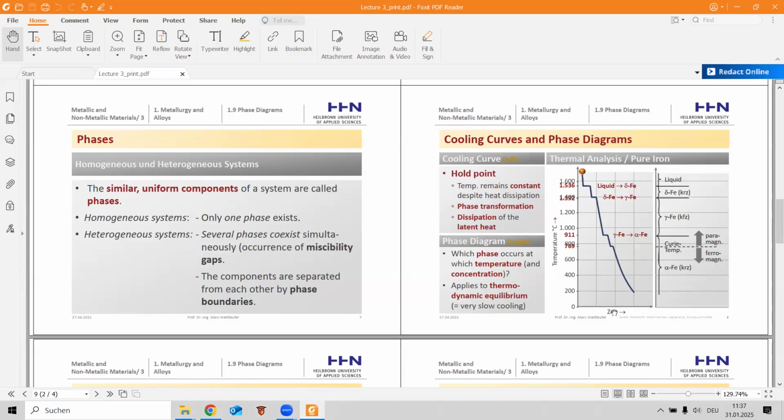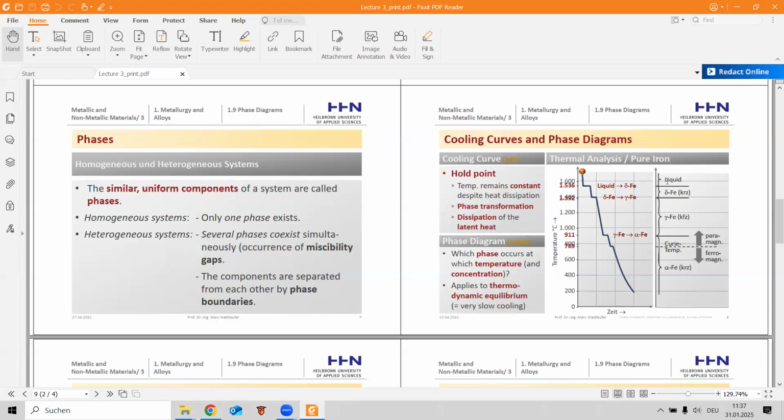So in the cooling curve we have time and temperature in Celsius. Despite heat dissipation, we have several plateaus at these red temperatures where we have phase transformations. First it's from liquid to delta ferrum, delta ferrum to gamma ferrum, gamma ferrum to alpha ferrum.